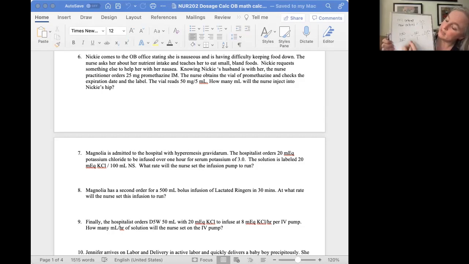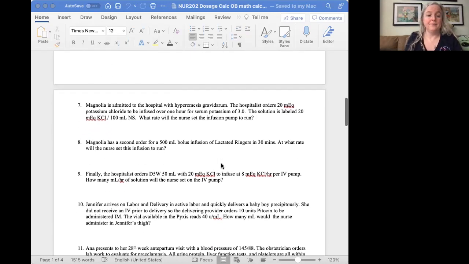If I didn't cross those out, I would get 6,000 over 60, and then when I divide this, I still will get 100. And 100 milliliters per hour is the correct answer. That is going to be the rate for number 7.